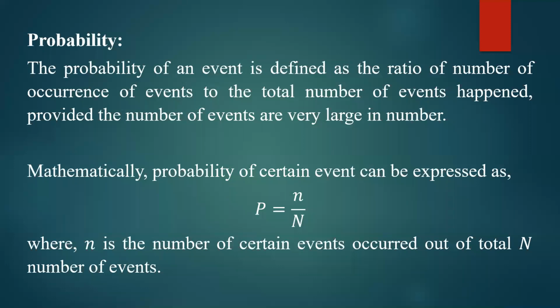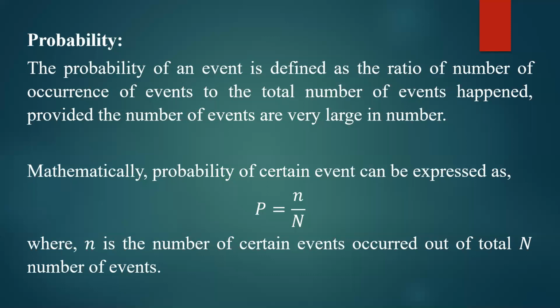One possibility of that event divided by total possibilities. This can also be defined in another way: possibility of that particular event divided by total number of possibilities. Now for head or tail, what is the possibility of that event? Only one possibility, head coming.